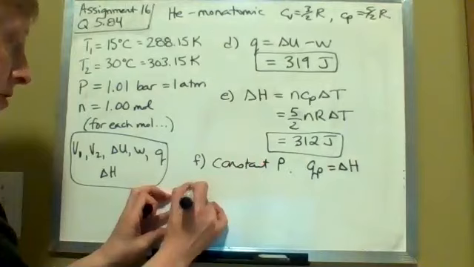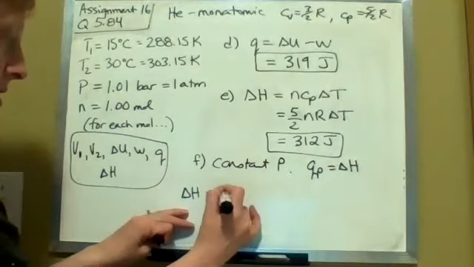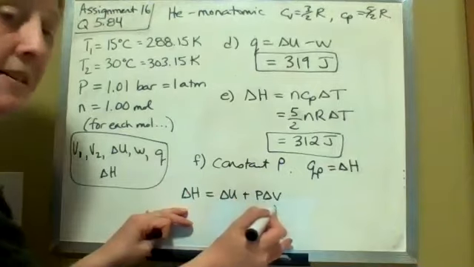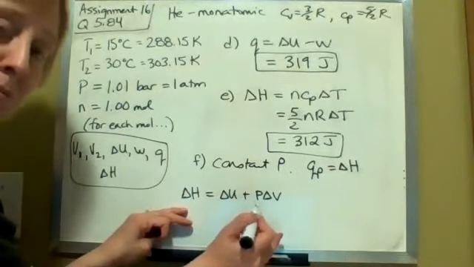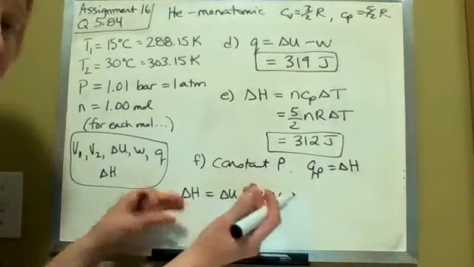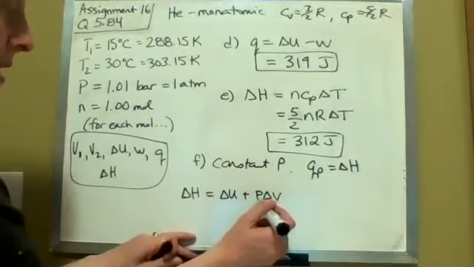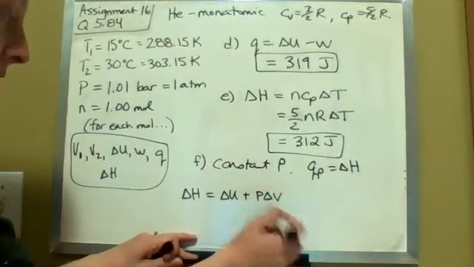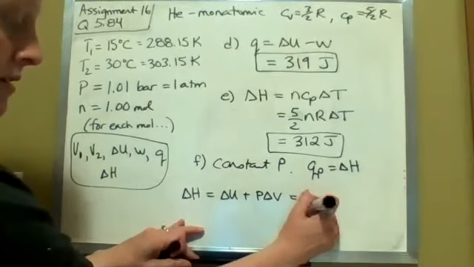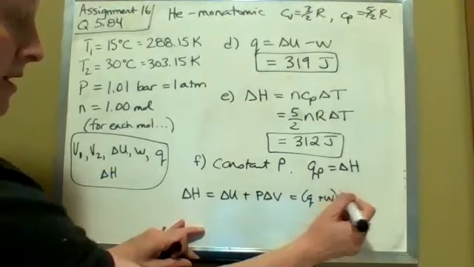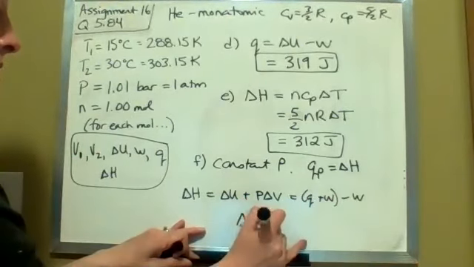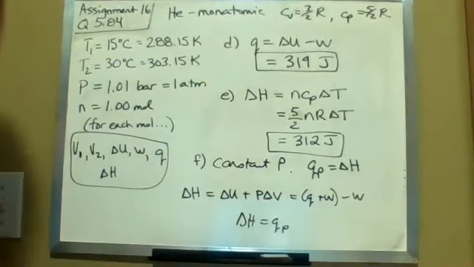If you think a little further, your definition for enthalpy is delta U plus P delta V, or delta PV, but P is a constant in this case, so it's being pulled out. In this case, our external and internal pressures are the same, it's just maintaining that pressure. So this is really work. If you were to write all this out, delta U is Q plus work, and this is our minus work, so our delta H should equal our heat at constant pressure.